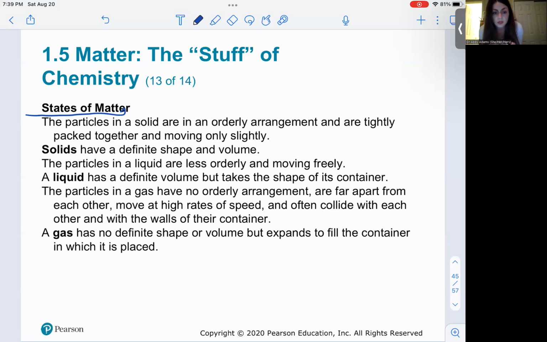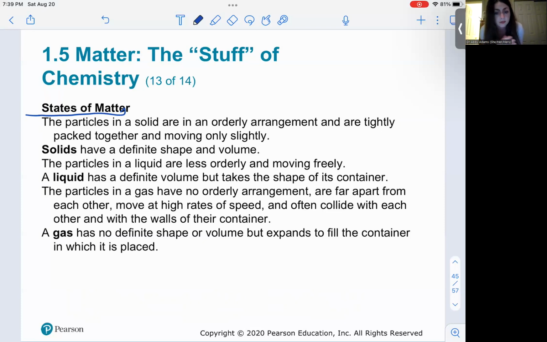When you have a liquid, the particles are moving around, they're fluid, they're flowing, and it has a definite volume, but takes the shape of its container. So the shape is going to change depending on what the container is, whether it's a beaker or a jug, the shape can change.